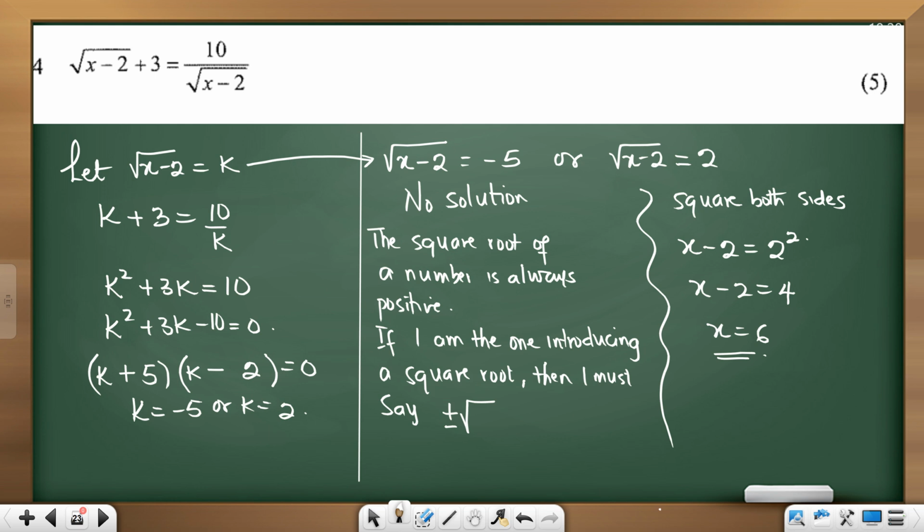Hi, sir. Hi, Rebecca. So I wanted to ask, let's say you did not know this, that you can't put plus or minus, right? You go about it as you normally would. Would you be penalized, although at the end you say x is not equal to -5? Okay, or the answer that you gave then?